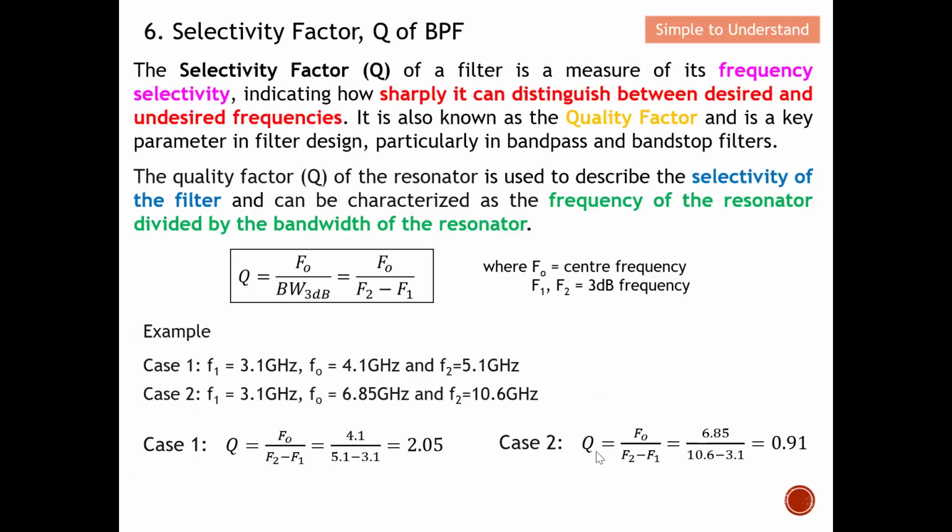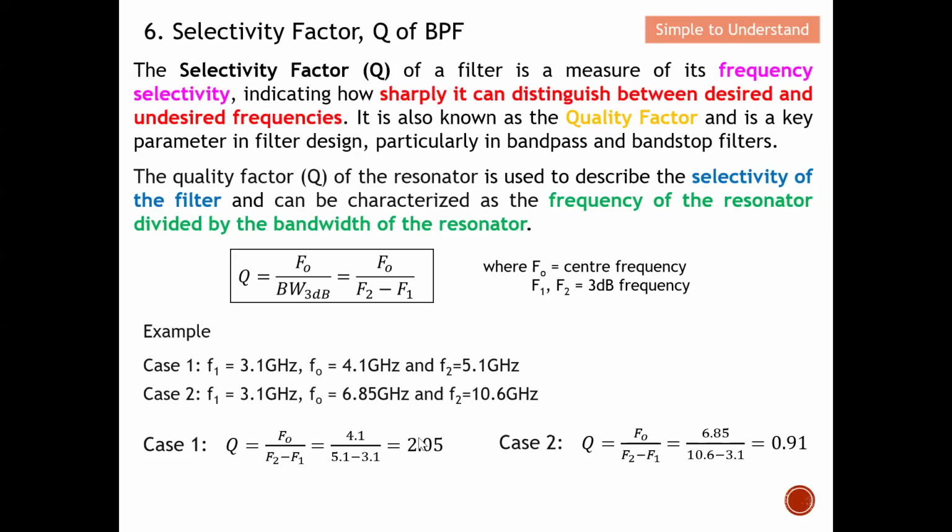While in case 2, by having a larger bandwidth, my Q is lower. So this definitely has a higher bandwidth, and you can see that I have a lower Q. For case 1, the bandwidth is smaller, so I have a higher Q.